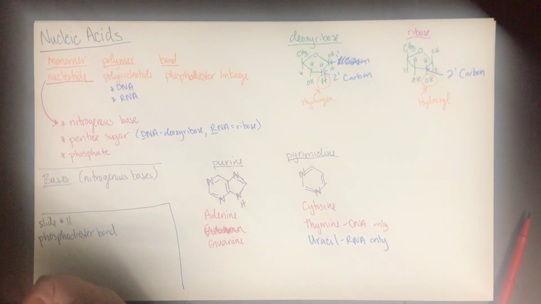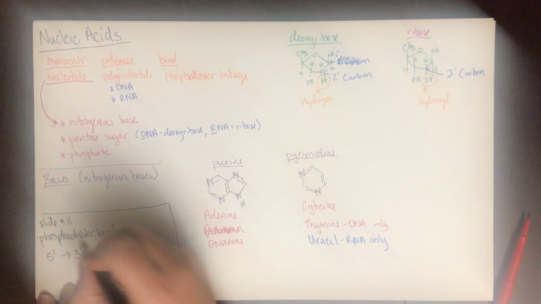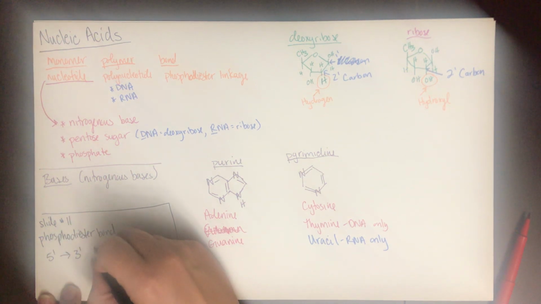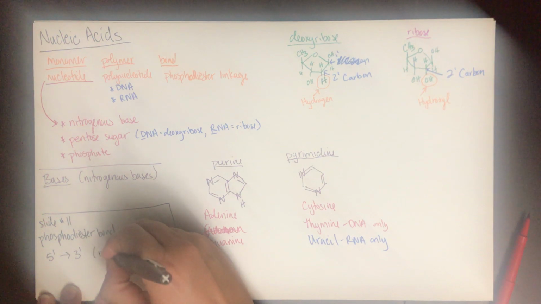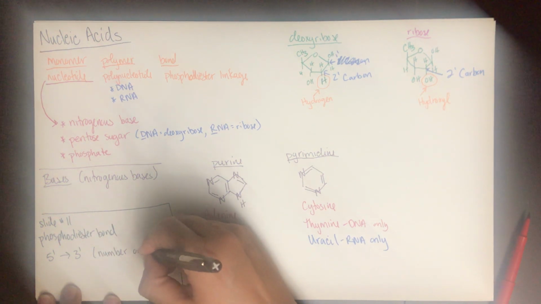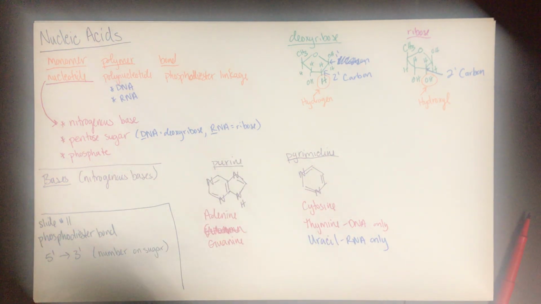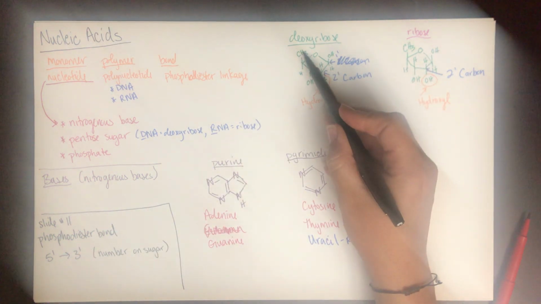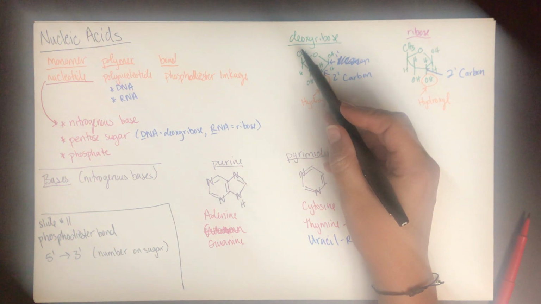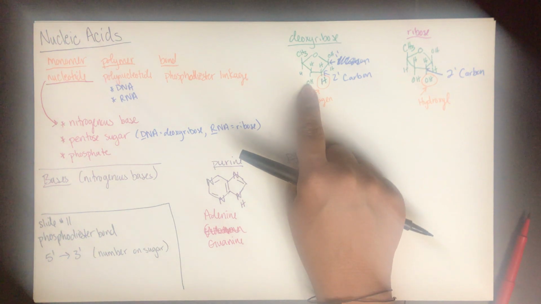So DNA always goes from what's called 5' to 3'. And this 5' to 3' comes from the numbers of the carbons on the sugar. So you'll see this when you look at the picture. The 5' carbon is up here. This is where the phosphate groups attach. And it is going to attach to the 3' carbon of the next sugar.